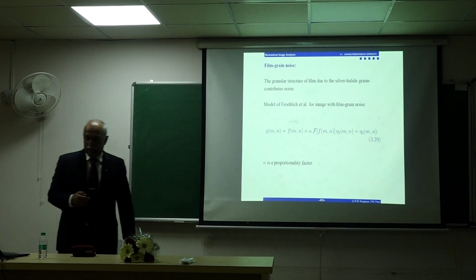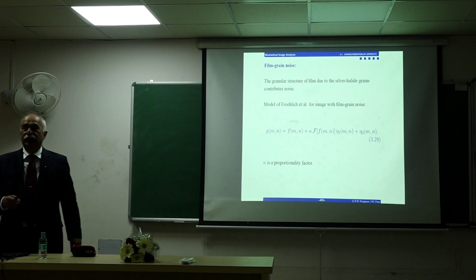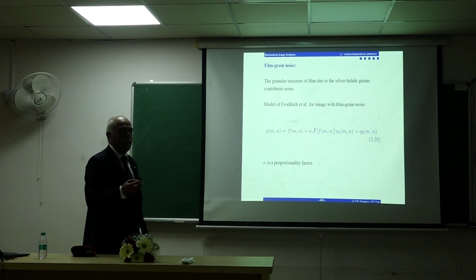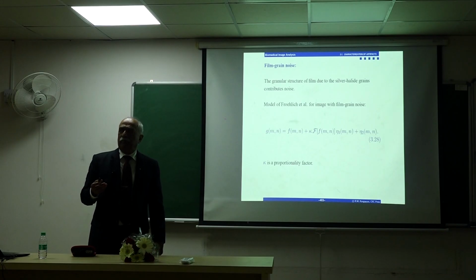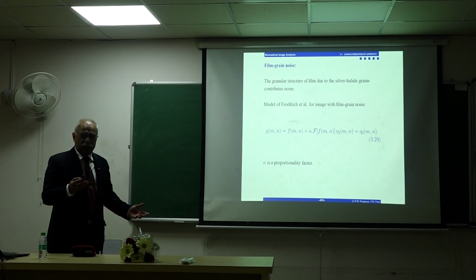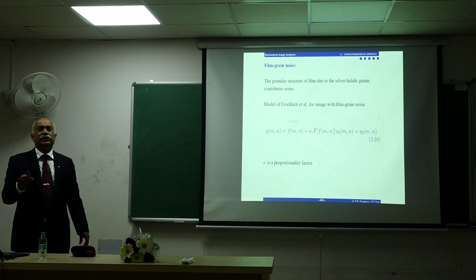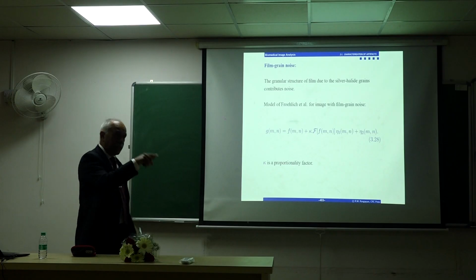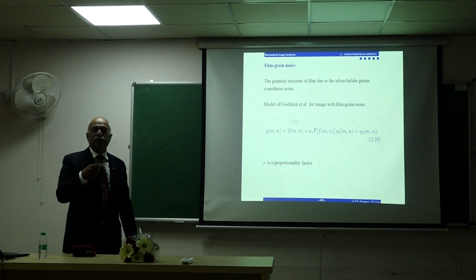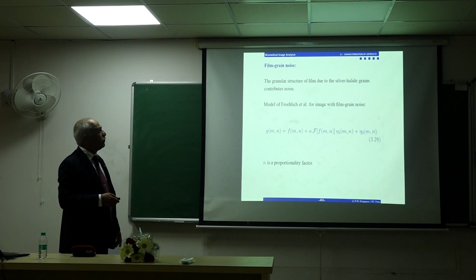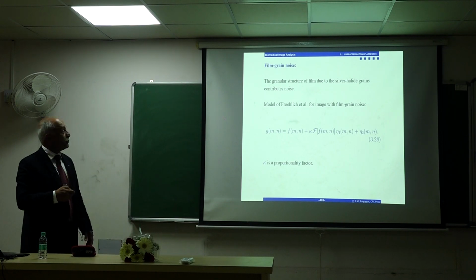Film grain noise is often encountered not only in medical applications but in other applications such as aerial photogrammetry, where film used to be used. Nowadays, most of it is digital, but there are still some high-resolution imaging applications where film could be used. And when you scan film to high resolution using some imaging device, laser or CCD, you encounter film grain noise.